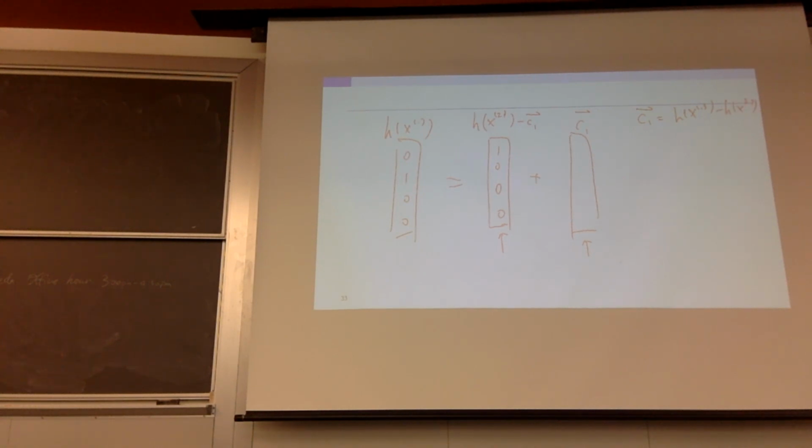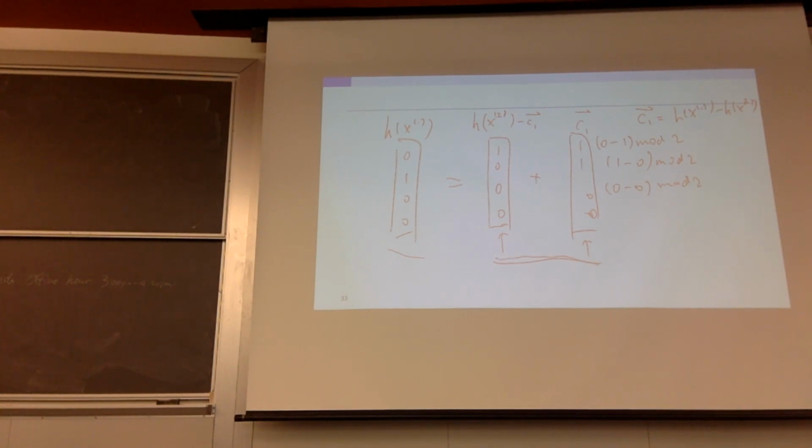So the first digit is going to be 0 minus 1 modulo 2, and that gives you 1. Then 1 minus 0 modulo 2, so the second digit is going to be 1. And the third one is 0 minus 0 modulo 2, and that's 0. The same thing goes for the last digit, okay? So this way we can construct one C1 such that the sum of these two vectors is exactly equal to h of x1.